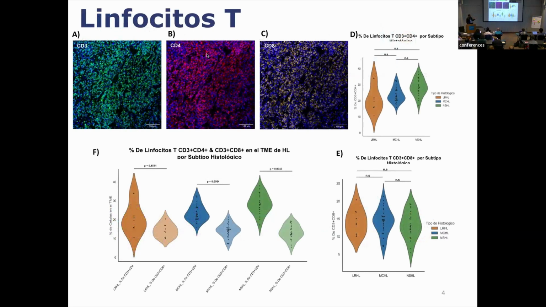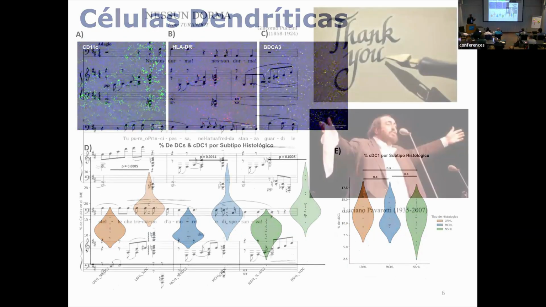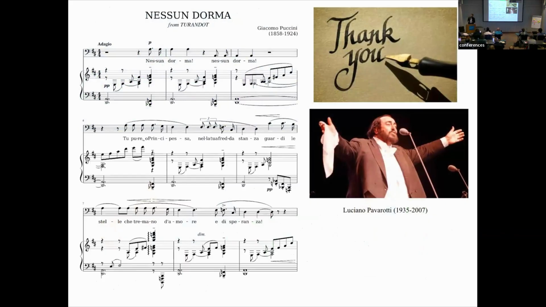We first explored the incidence of CD4 and CD8 cells in the tumor microenvironment, and we compared the different subtypes that we have. We found no difference between them. If you want to know more, thank you for your time. Find me at my poster.